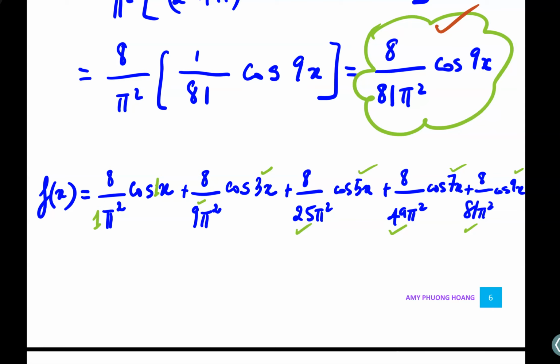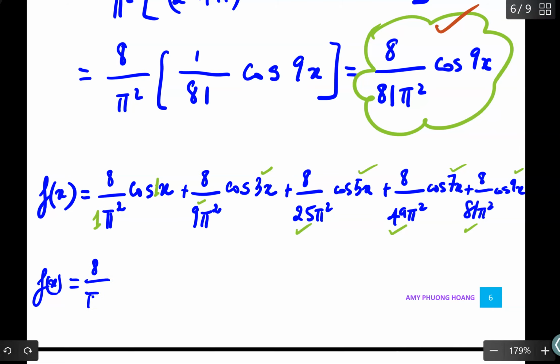In the end, what I do is factor out 8 over pi square.